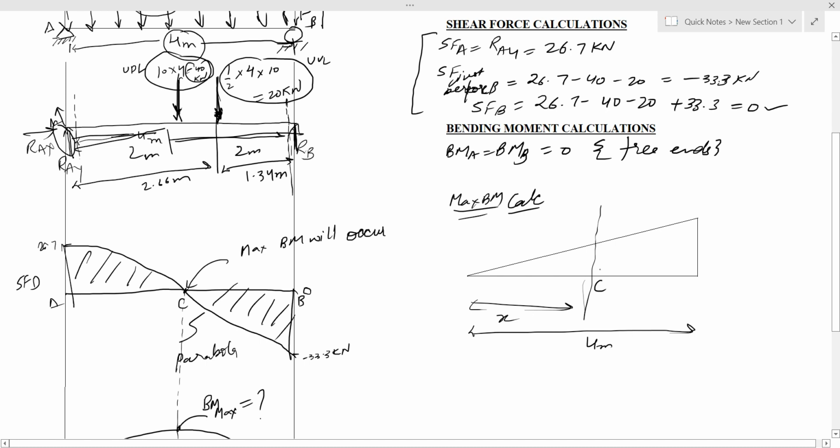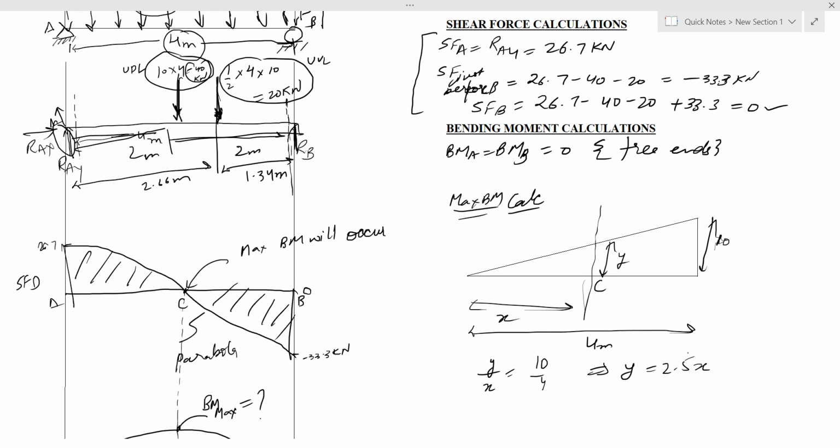Let this be X. The intensity of UVL at this point be Y. The total intensity is shown as 10 kilonewton per meter. Now we will find the value of Y in terms of X. So Y upon X equals 10 upon 4. From here we can say that Y equals 2.5 times X. So we have found the value of Y in terms of the distance X.